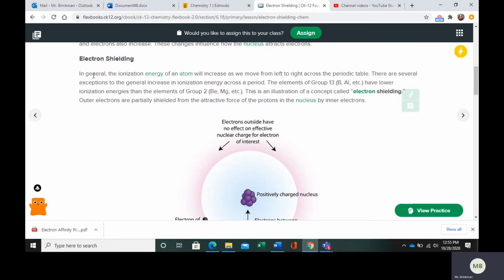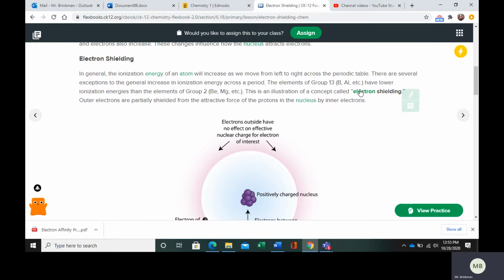In general, the ionization energy is going to increase as we move from left to right across the periodic table. So that is the general trend. There are several exceptions to this.